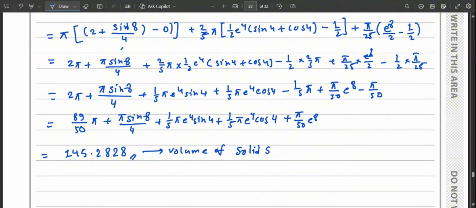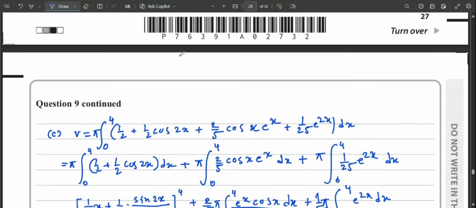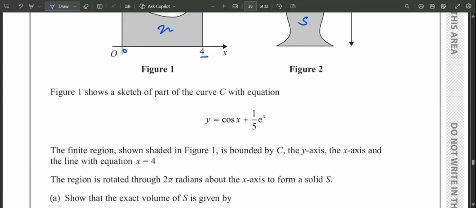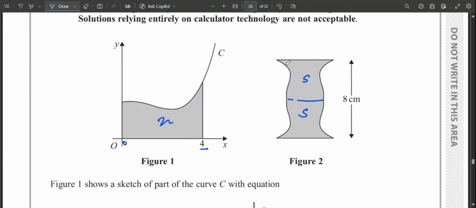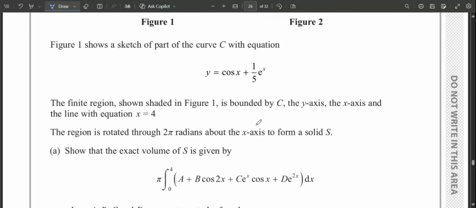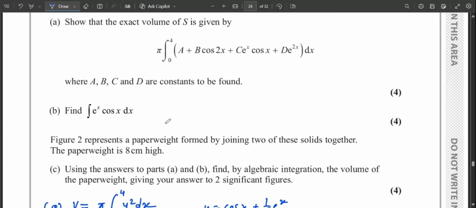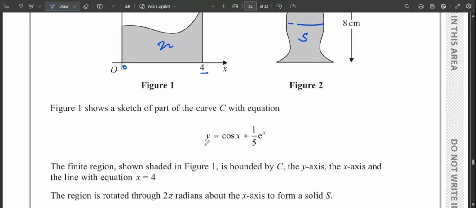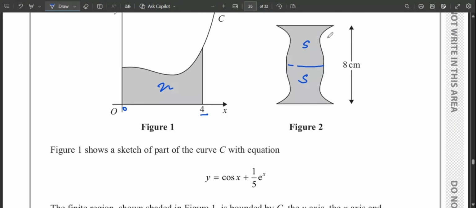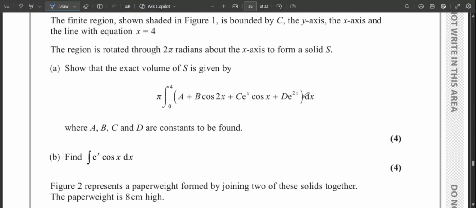We know that the paper weight is made up of two solids that are joined together.